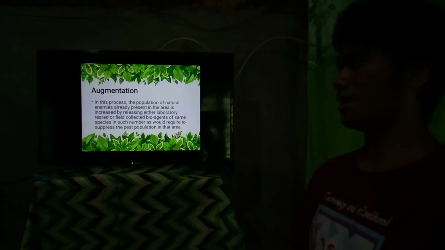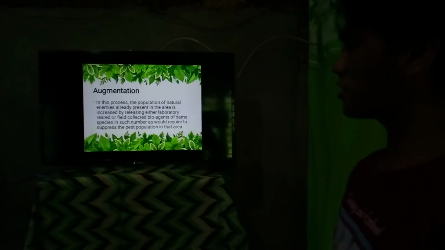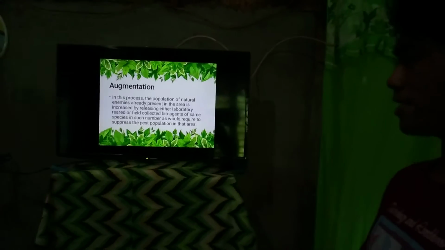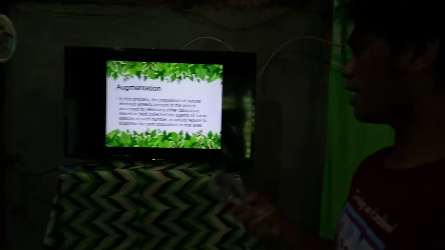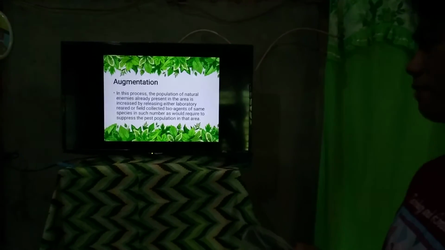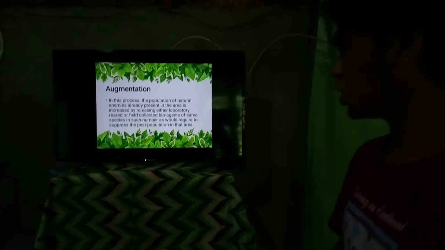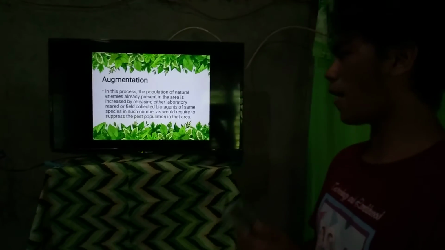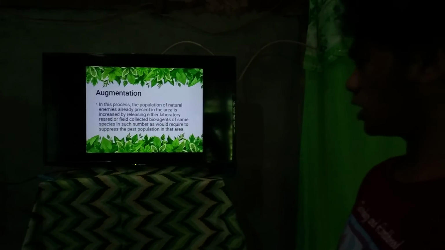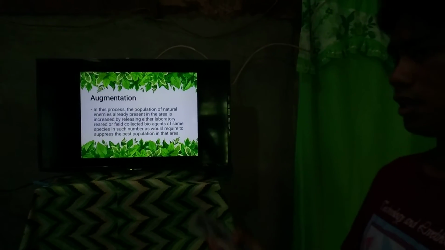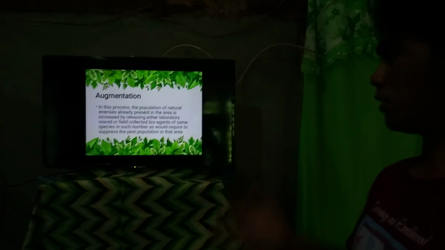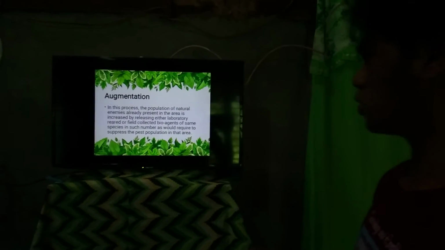augmentation is the second. In this process, the population of natural enemies already present in the area is increased by releasing either laboratory reared or field collected bioagents of the same species in such number as would be required to suppress the pest population in that area. So when the population of the pest is increasing, they need augmentation for that.